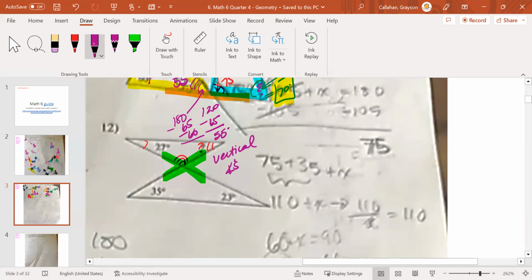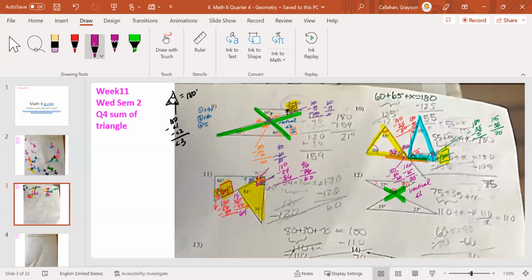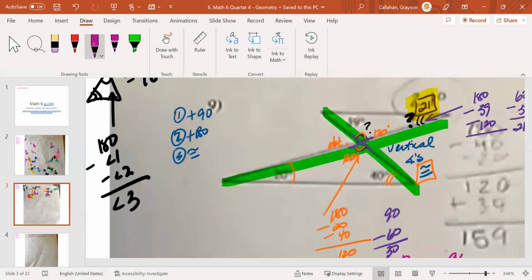No. Vertical angles are not 180. What do we know about vertical angles? You need to memorize this. No, this is what it is. Either they add up to 90, they add up to 180, or they're equal. So which one is it?